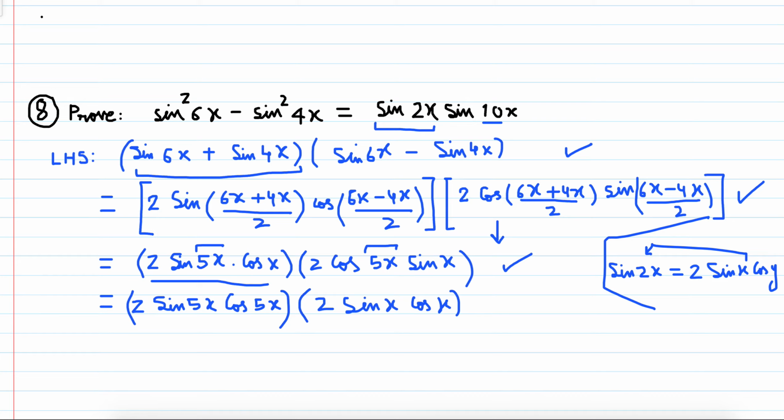These angles are half of those angles, so somehow we need to convert to 2x. We have to move from x to 2x, so we need to use the formula for sine 2x.